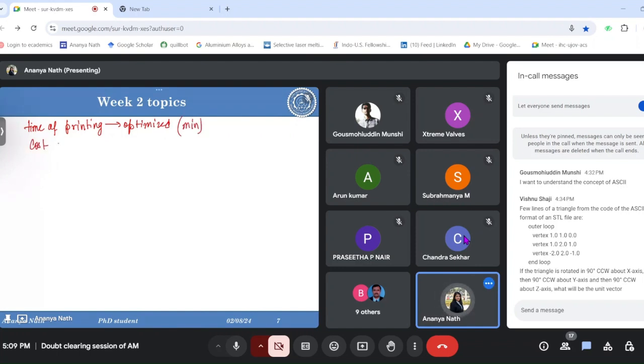The cost of the printing should be optimized, again minimum. So for this to be minimum, we have to see how we can rotate the structure in such a way that a lesser number of support structures is needed, because otherwise support will take some time to get printed. For that we had a formula.